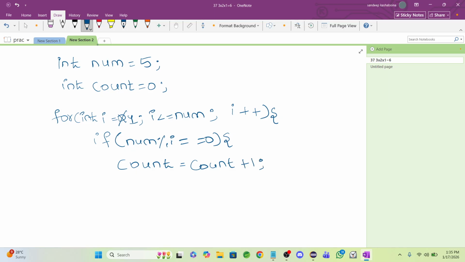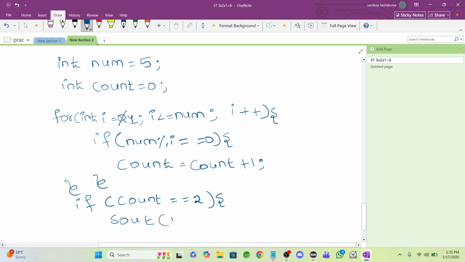If the count double equals to 2, then we have to say that it's a prime. Otherwise we need to say that it's not a prime.